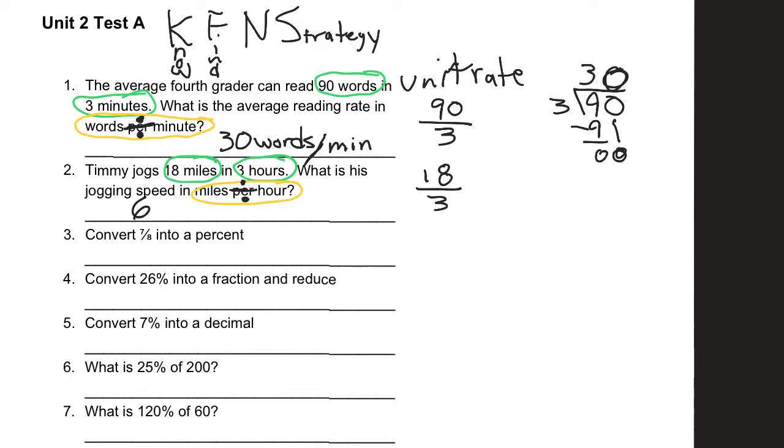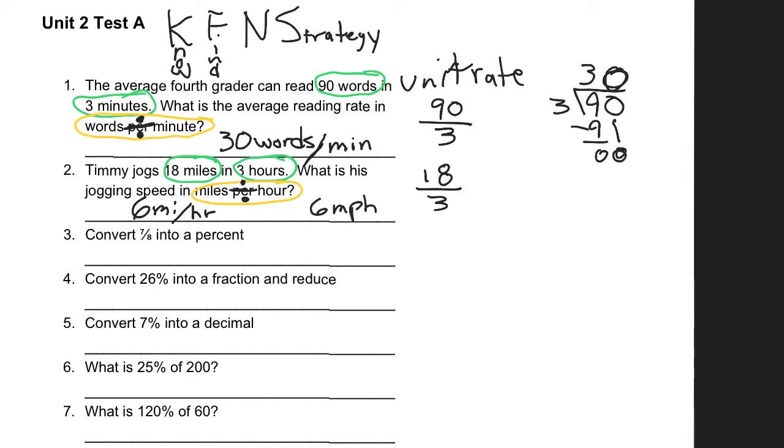Miles per hour. I can abbreviate that as MI with the little slash there, HR. Miles per hour. This one, you can also do 6 mph. Sometimes it's abbreviated that way. Miles per hour. All right. So go ahead and write that down.